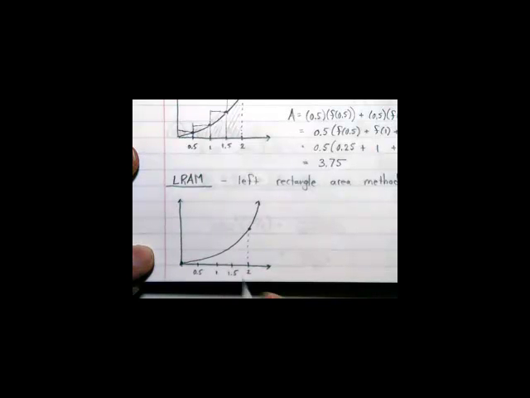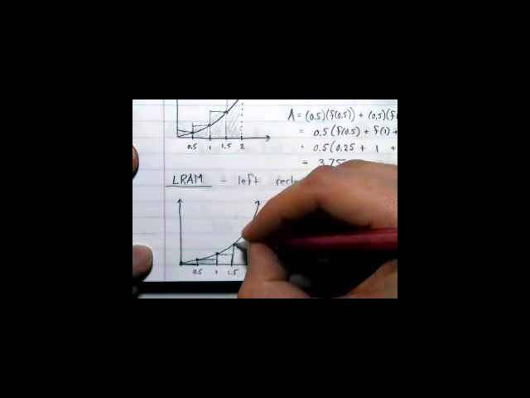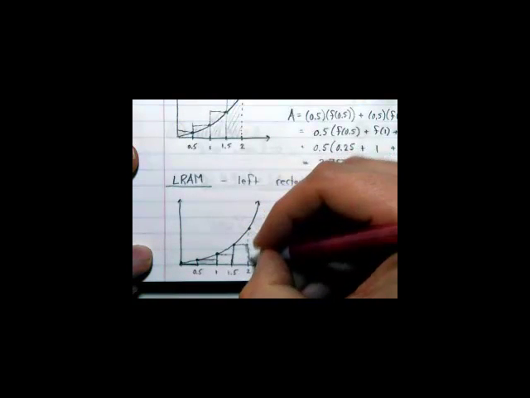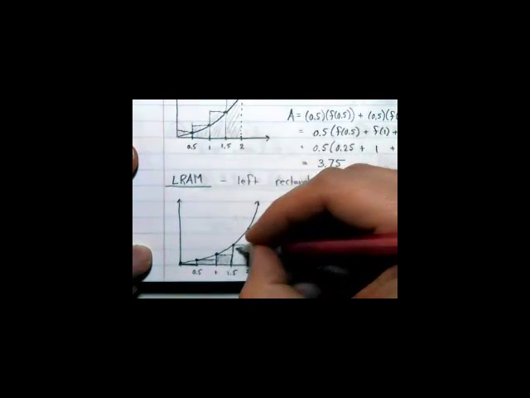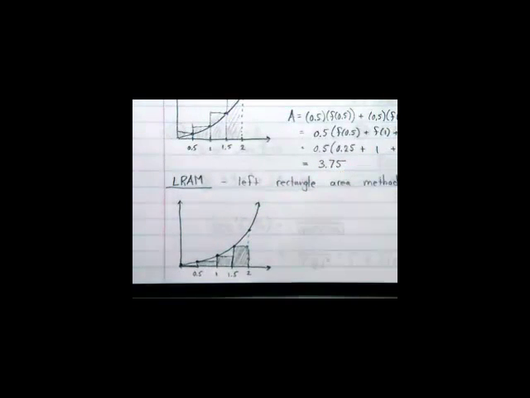It has no height. So it's just this flat nothing. And then it's only the second rectangle that we can start to piece things together here. So there's that one, and then the next one will come off like this, and then the last one will come up and over like that. So using LRAM, it's going to look something like that. Technically only 3 rectangles, though. There's going to be 4 things added. One of them is just going to be 0.